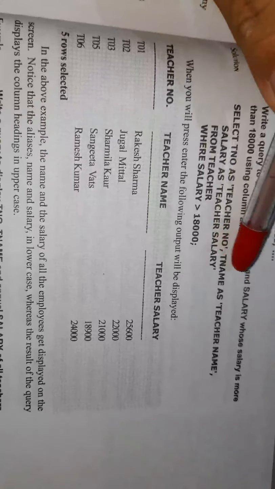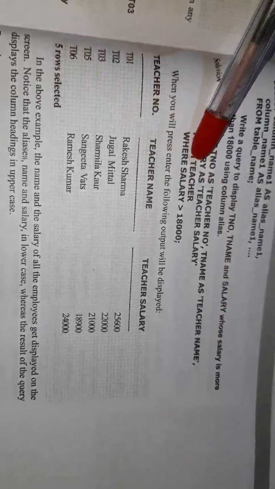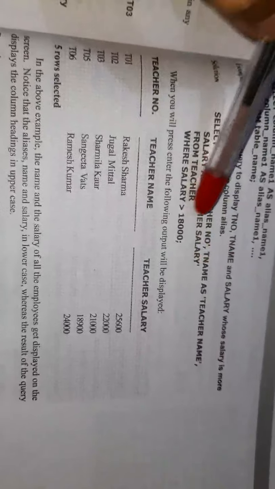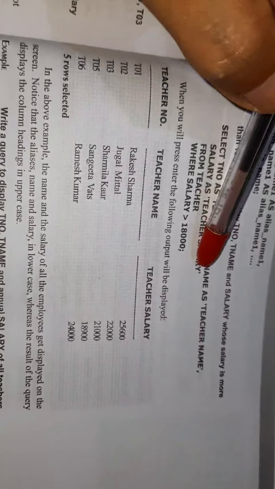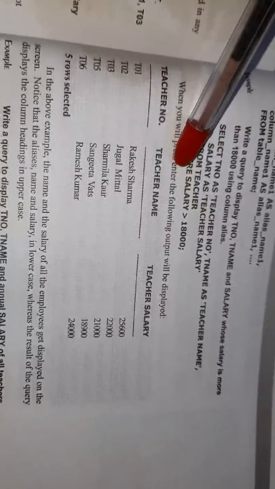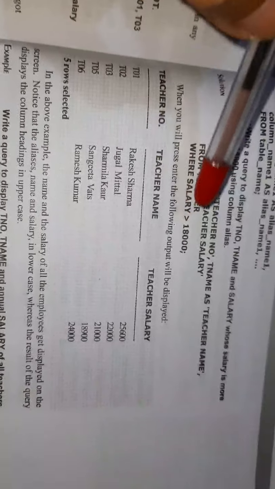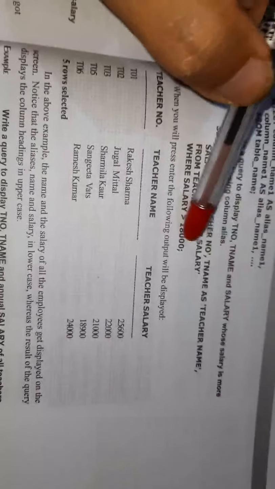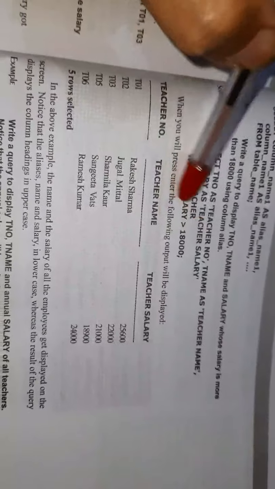Then comma, T name AS teacher name, and salary AS teacher salary. So now we know to whom this salary belongs. FROM teacher WHERE, so we use a conditional operator, salary greater than 18,000. This is the column associated with these values. There is a test condition here that evaluates to Boolean true or false.